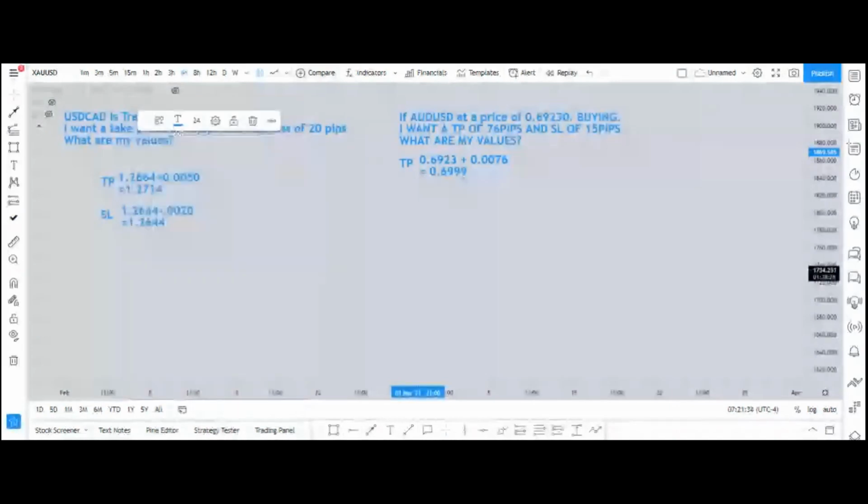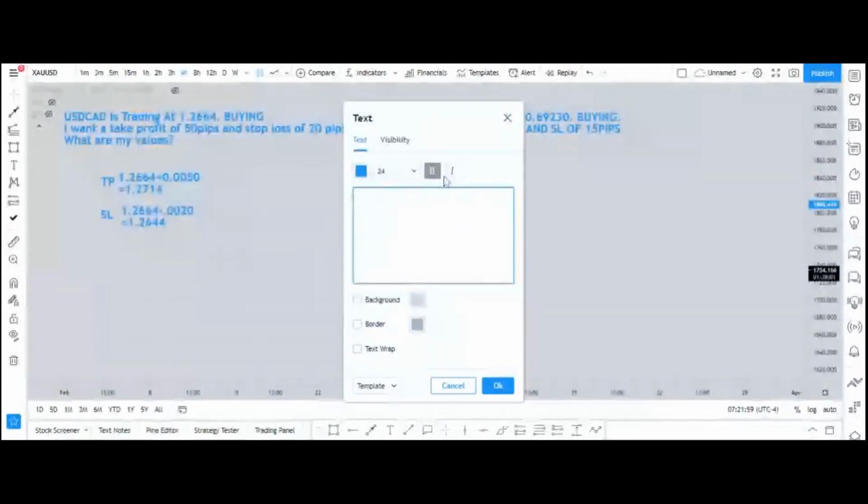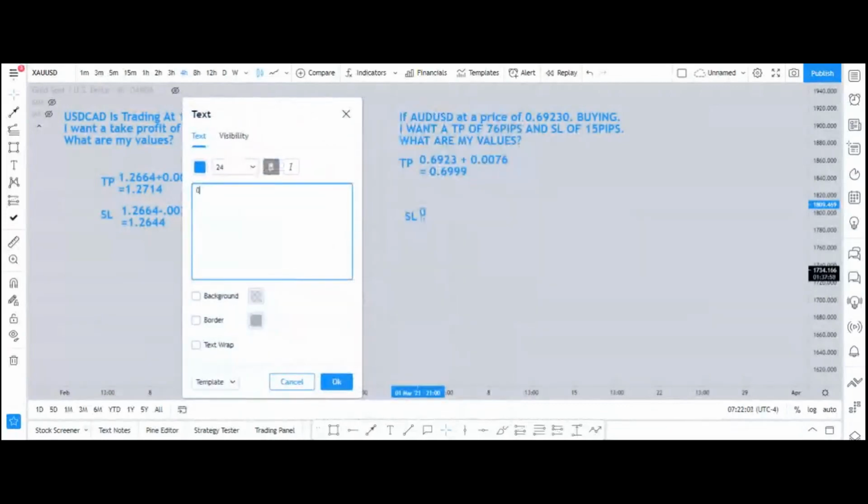That's my answer for the take profit. Very simple. So few persons got the answer. Now, for the stop loss value, let's go. We said 0.6923 minus 15 or 0.0015, 15 pips, okay?